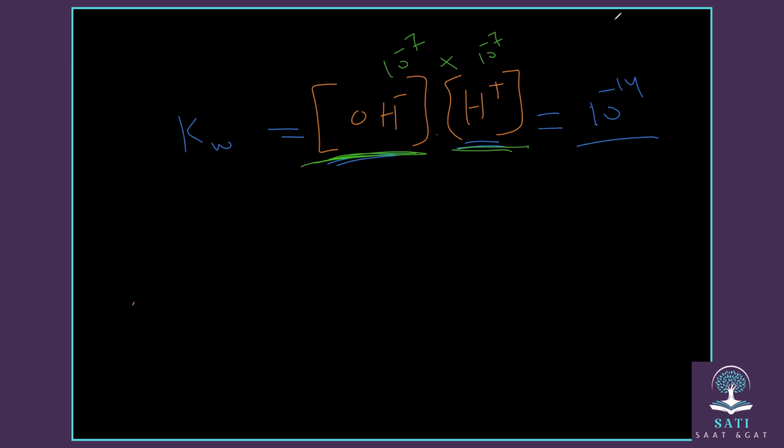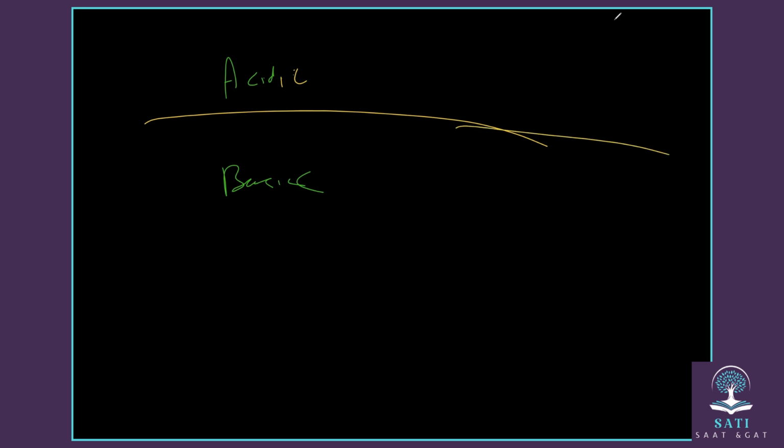Good. What about if it is not a neutral solution, if it is an acidic solution or a basic solution? If it is an acidic solution, based on acid, and acid we know is the donor of H, that means it has more H, so the concentration of H is greater than the concentration of OH.